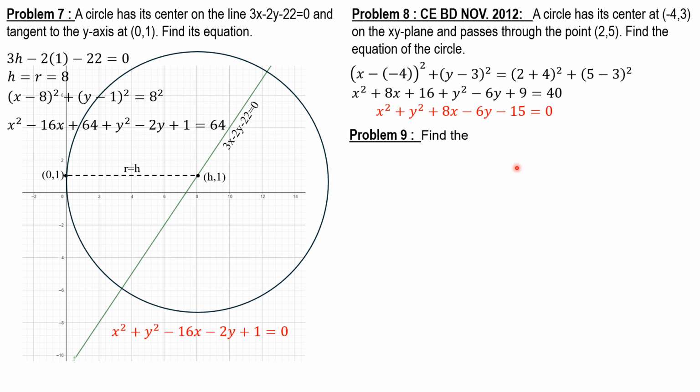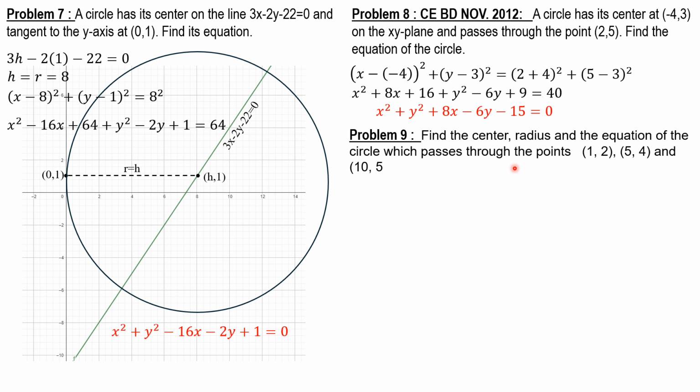Problem 9. Find the center, radius, and the equation of the circle which passes through the points (1, 2), (5, 4), and (10, 5). So the expected reduced general form of the equation of a circle is x squared plus y squared plus small d times x plus small e times y plus f equals 0.